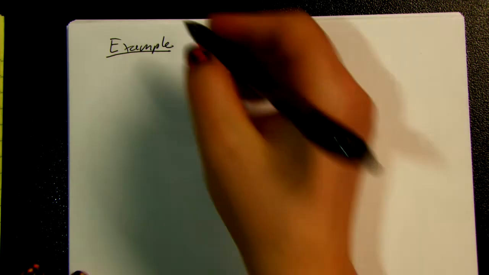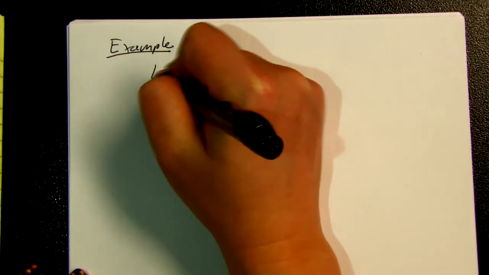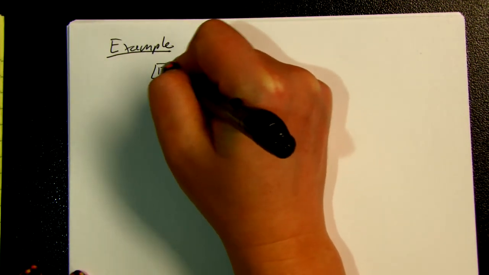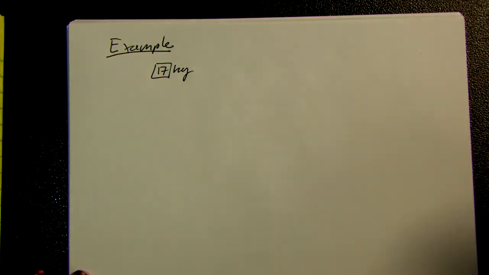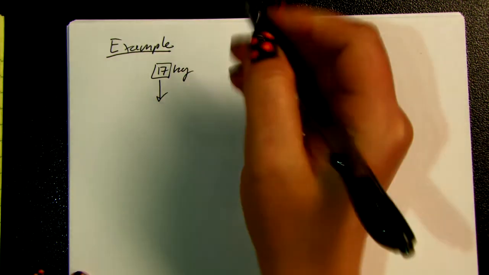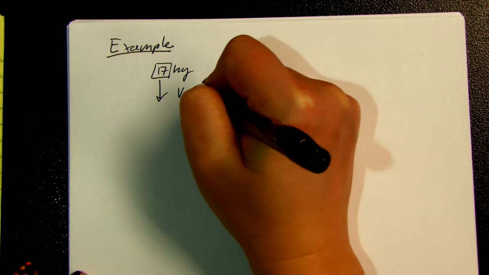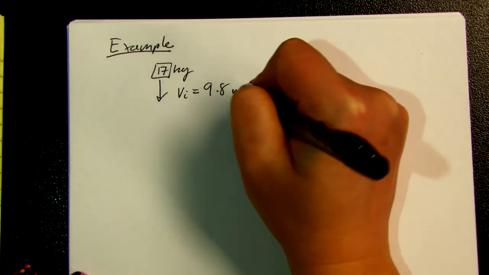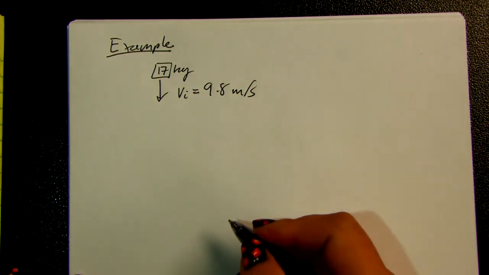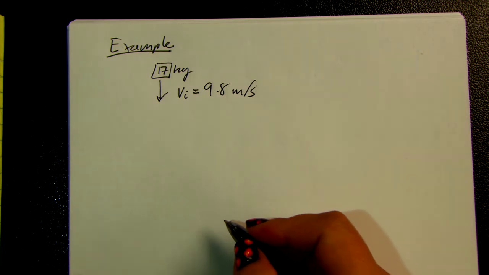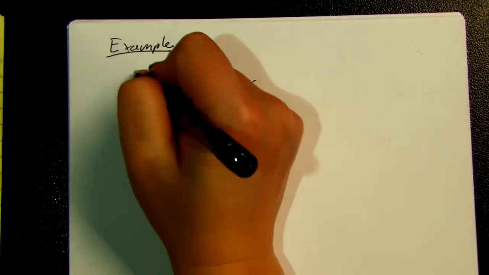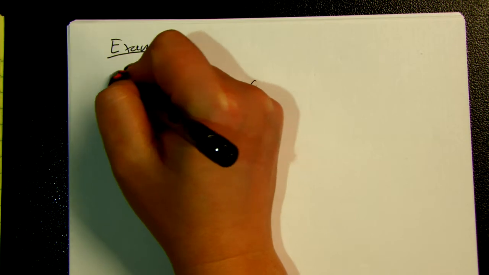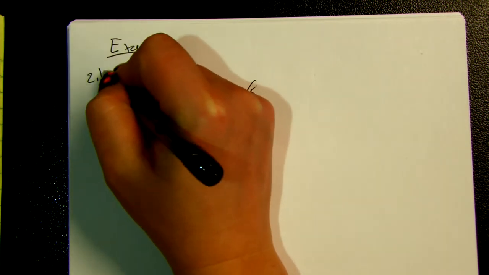All right, so we have a system where we have a 17 kilogram mass. It is falling. It has an initial speed of 9.8 meters per second. Notice it's not meters per second squared. This is the speed, not the acceleration. It has an initial height of 2.1 meters.